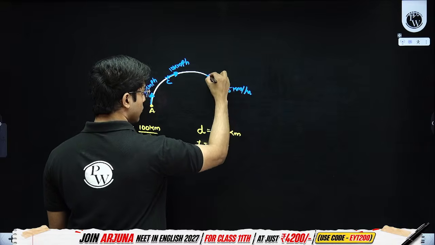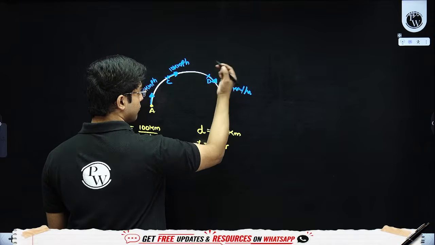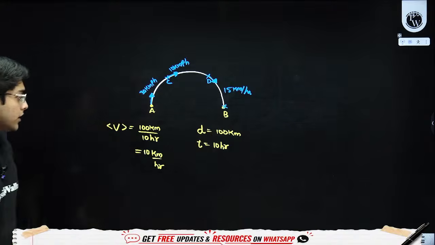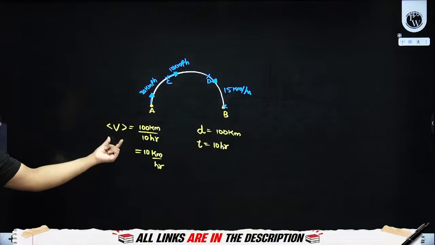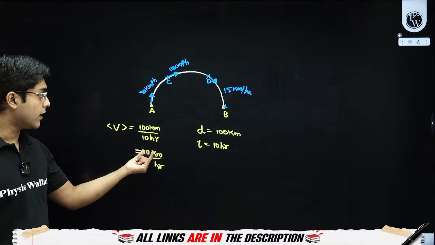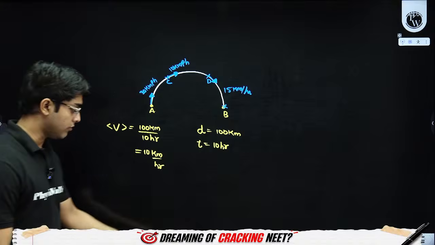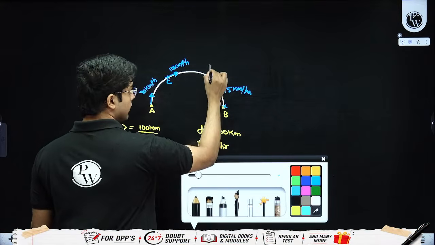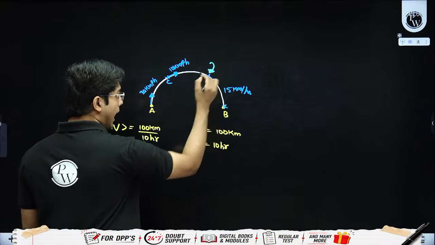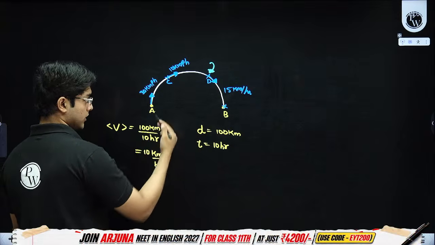The car can move in infinitely many ways, but average speed cannot tell us what the speed is at any moment. So if I ask you what the speed is at this point D, average speed cannot tell us that, right?